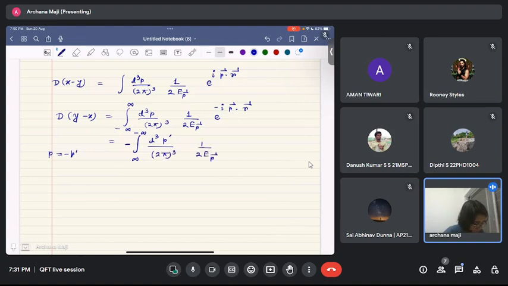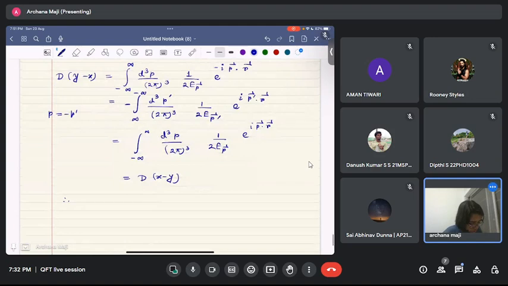E_p will remain the same because that depends on p squared, and in the exponent we will have p prime dot r. So in order to interchange the limits, that minus sign will go away and we have d^3p, again writing p prime as p because it's a dummy variable. So you see, this is nothing but D of x minus y.